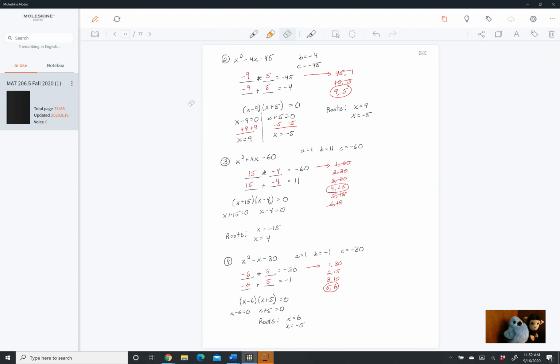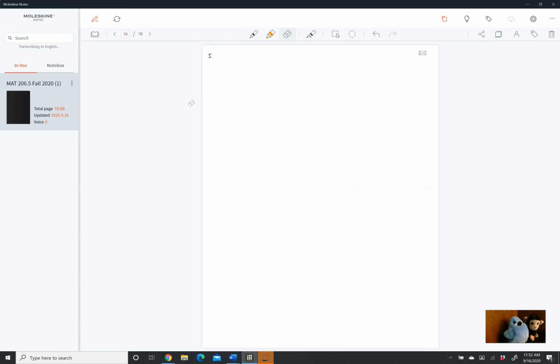Now, if a is equal to something other than 1, so 2, 5, 10, 15, 20, the process is always the same. So let's go through that process and then we'll do a few examples. Okay, and we're going to go through the process using an example. So the first example is 2x squared plus 11x minus 21. Okay. So you're going to identify your a, b, and c.